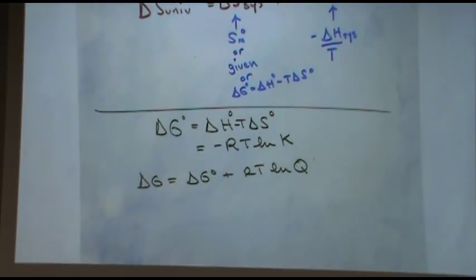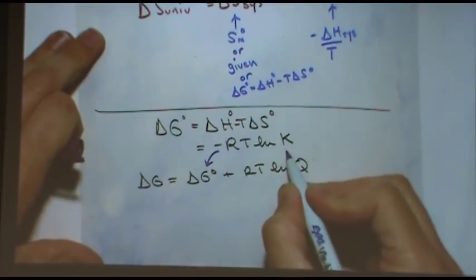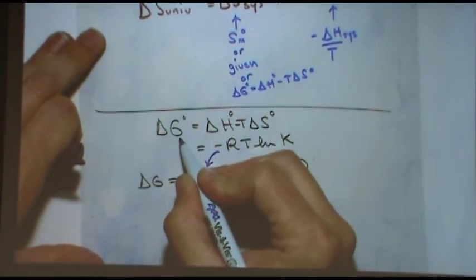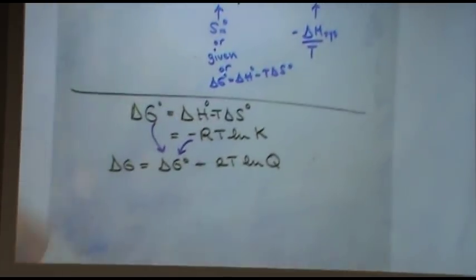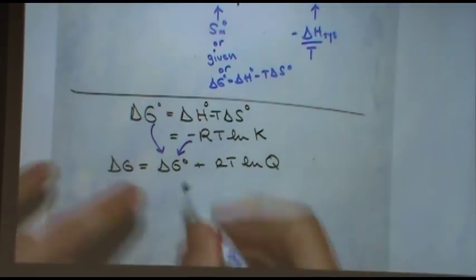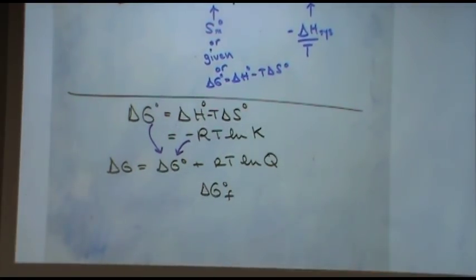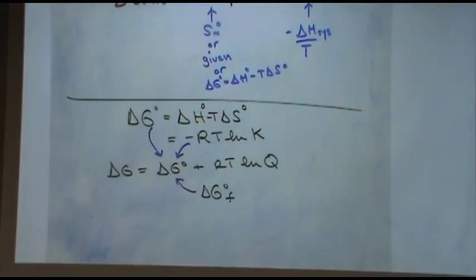You could use this formula if you have K. If you have delta H and delta S, I would use this top formula. If you have delta G of formation values, these are the tabulated values, then you could use that. Go products minus reactants of the delta G of formation.